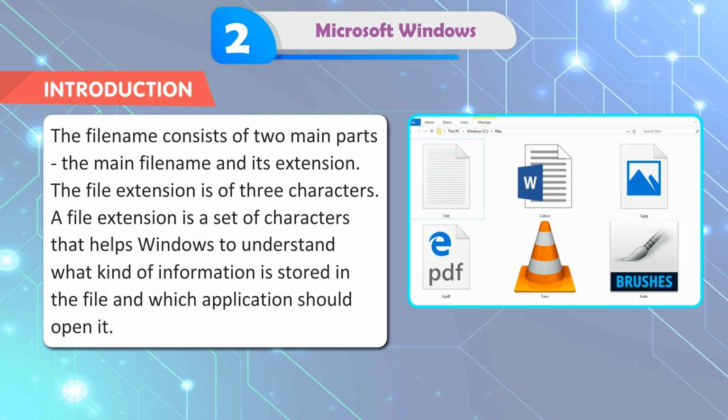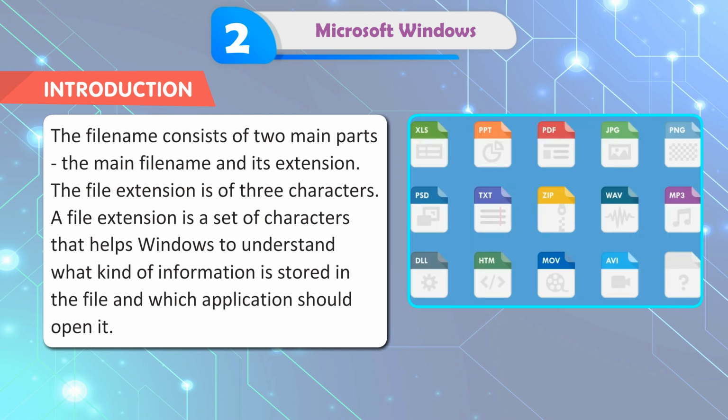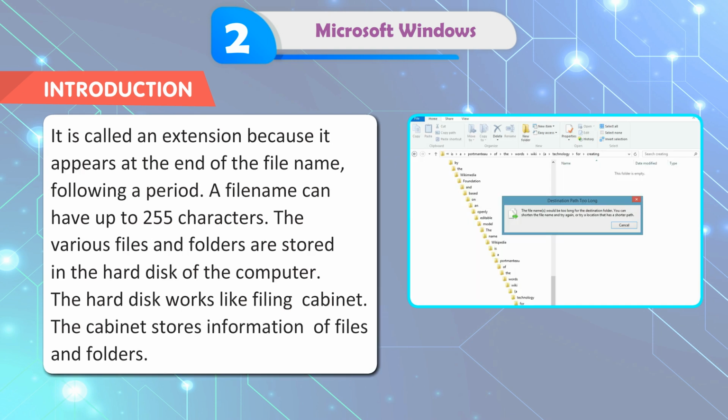The file extension is of 3 characters. A file extension is a set of characters that helps Windows to understand what kind of information is stored in the file and which application should open it. It is called an extension because it appears at the end of the file name following a period.